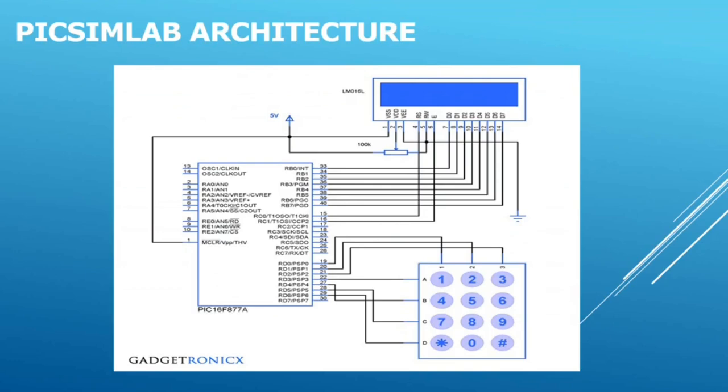So what we have discussed until now is the PIC microcontroller. Now you are seeing the PICSimLab architecture. You can see it consists of a microcontroller PIC16F877A. You can see the 40 pins of the microcontroller, which are connected to the desired connections.